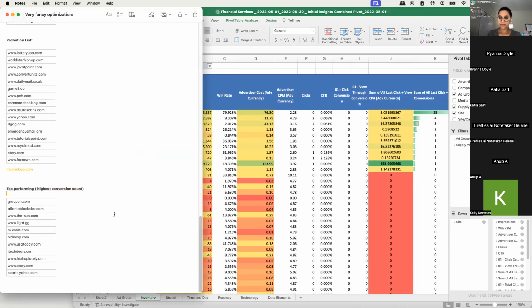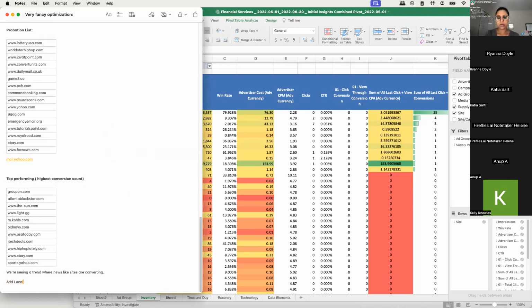So you want to say, we're seeing a trend: news-like sites have the highest conversion, are performing, are converting. Add local news PMPs to the ad group and test it.